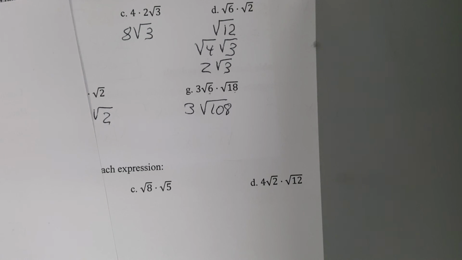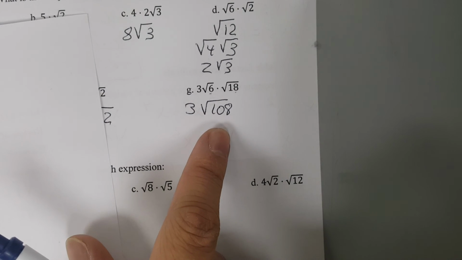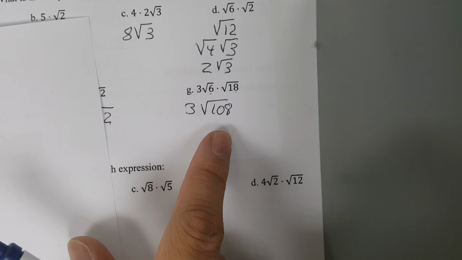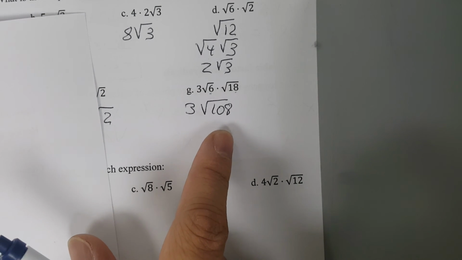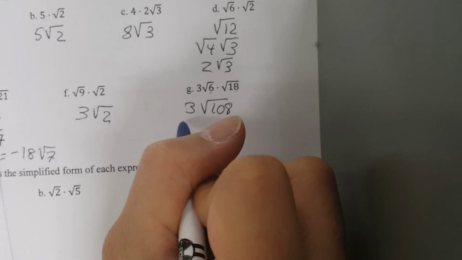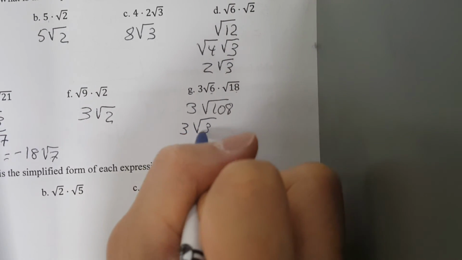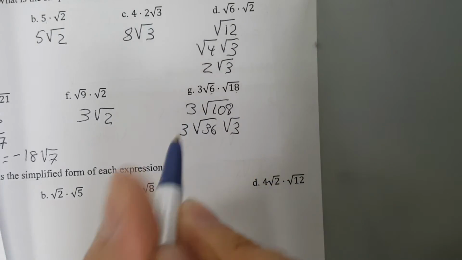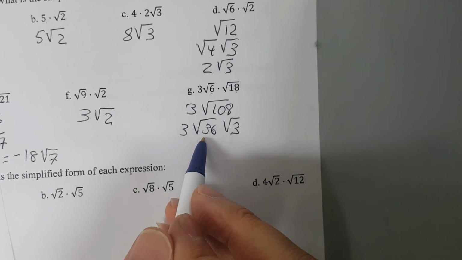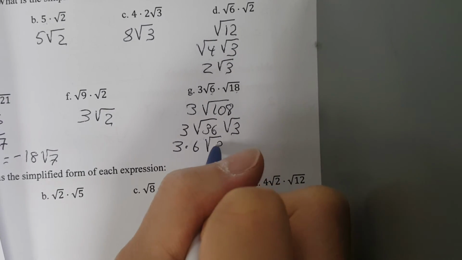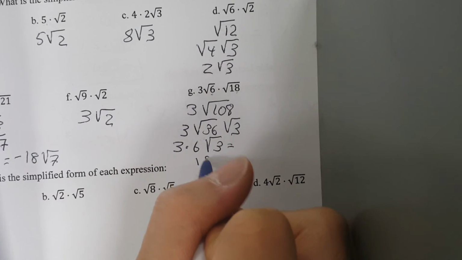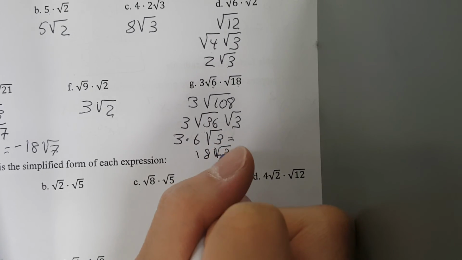Or is it 36? It's 36. 36 times 3 is 108. So this is square root of 36, 3, and then the square root of 36 is 6. So this is just 3 times 6, radical 3. So my answer here is 18, radical 3.